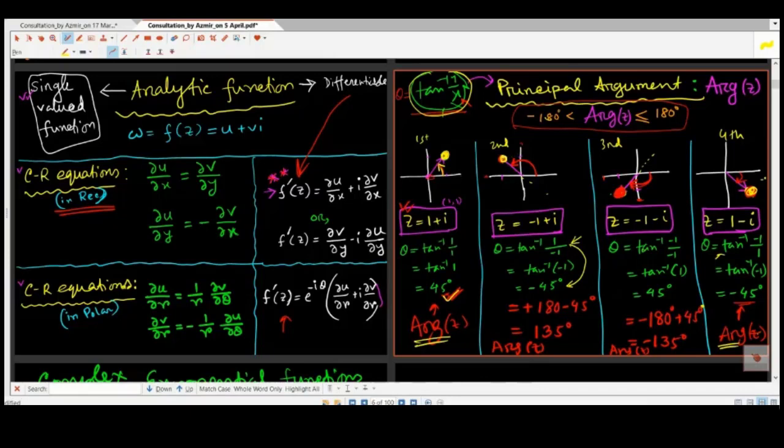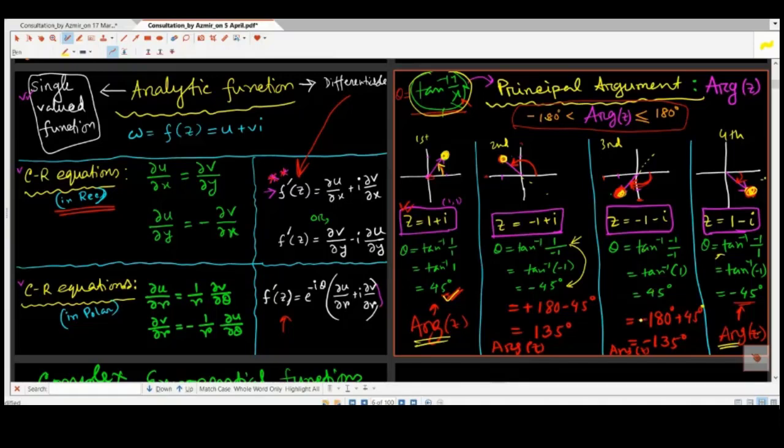So for the second quadrant, we have to add 180 degrees to this result. Then we will get the principal argument. If the point is in the third quadrant, again we have to adjust, because from the formula we are not getting the exact result.